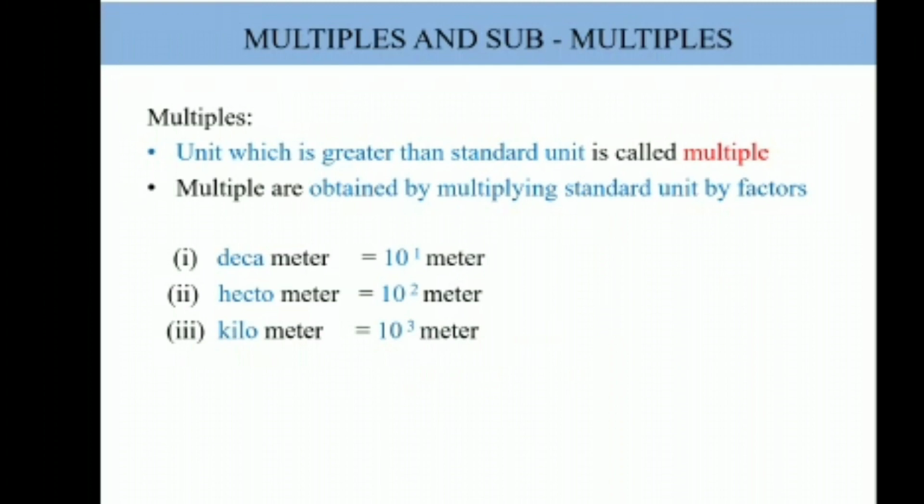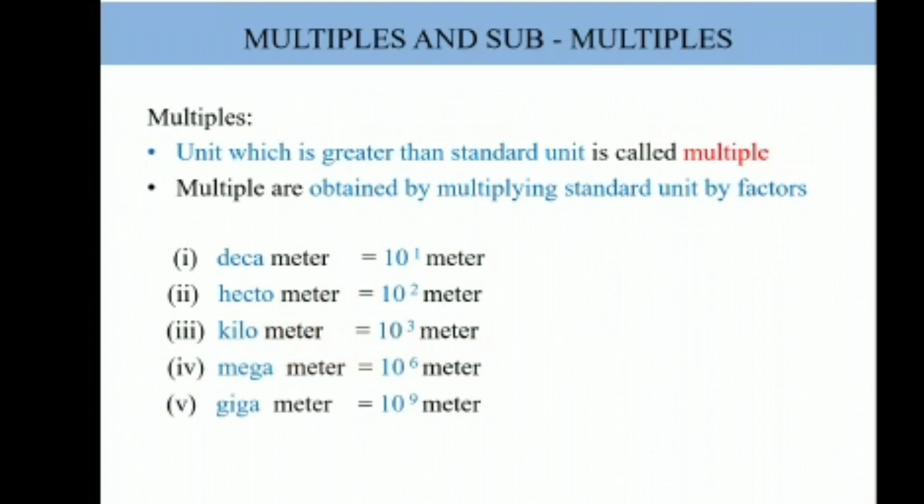So 10 to the power 3 is called kilo, 10 to the power 6 is known as mega, 10 to the power 9 is called giga, and 10 to the power 12 is known as tera.